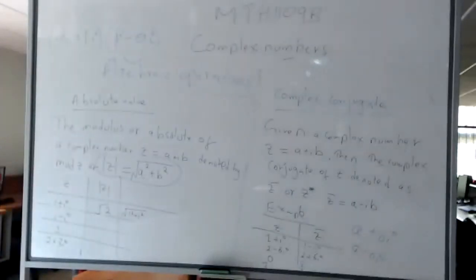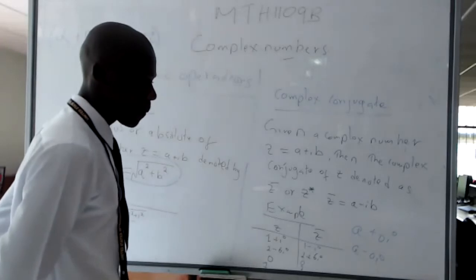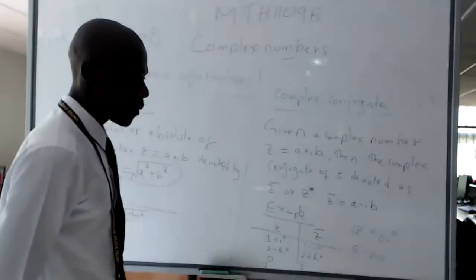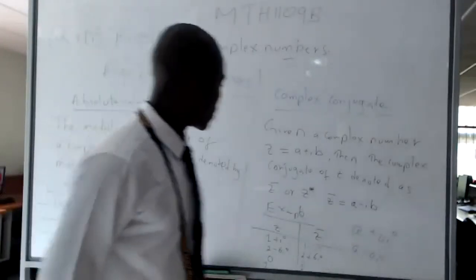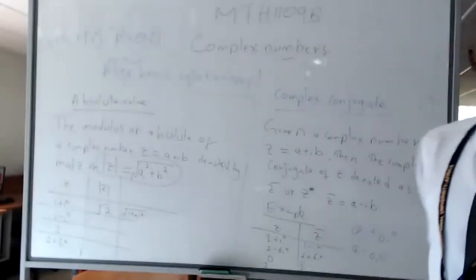So I have another question. Go ahead. So in absolute value, then you ignore the i? No, you don't include the i.